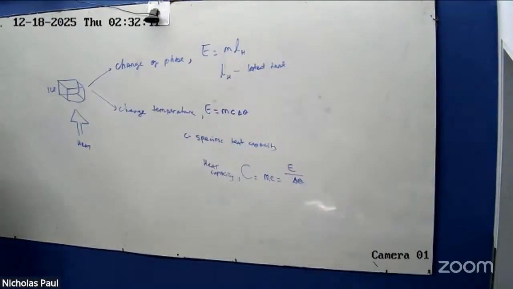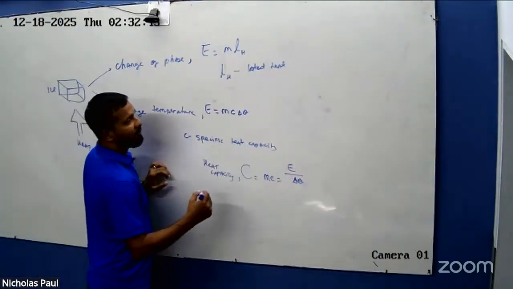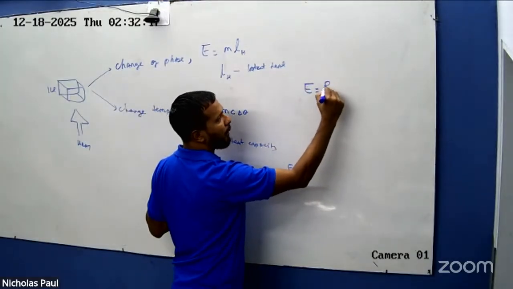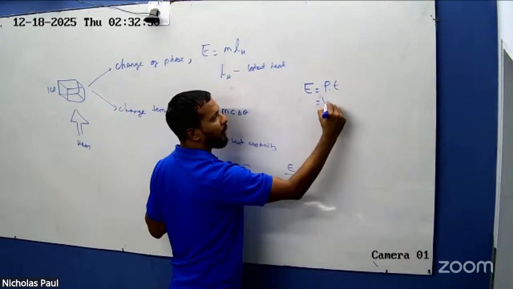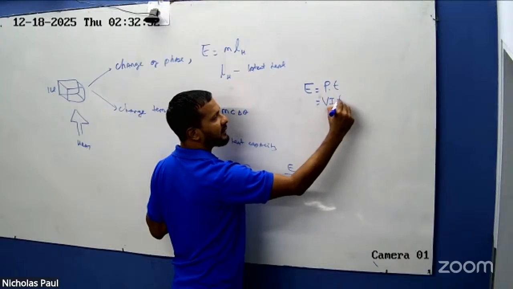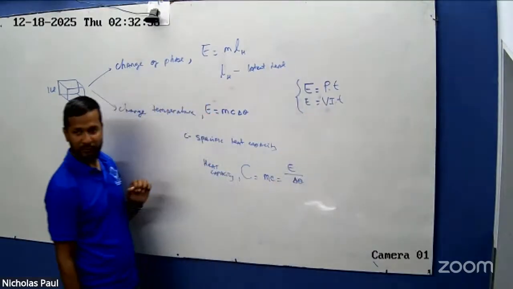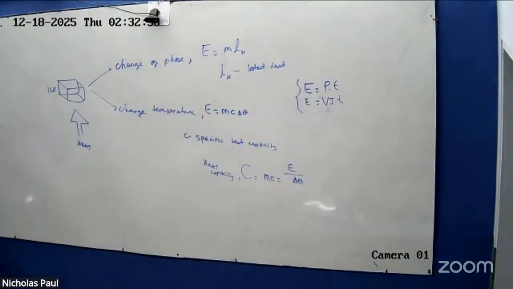Also, to find energy, energy is equal to power times time, and power could be VI. We need to remember these two things as well.